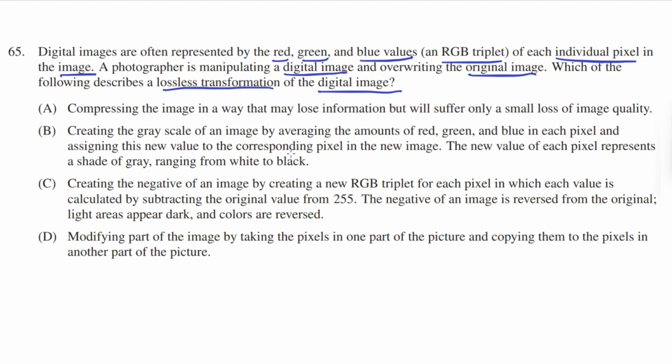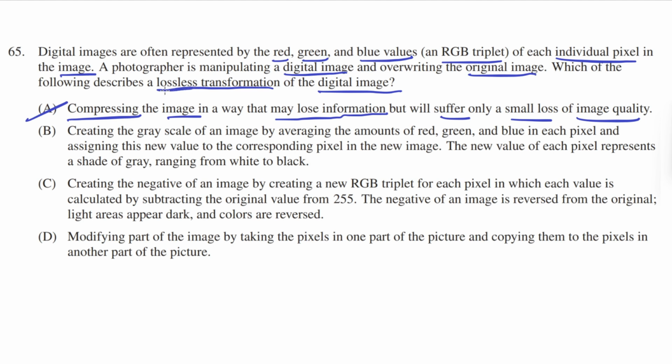So we need to find out which one of these answer choices gives an example of a lossless transformation. A says compressing the image in a way that may lose information, but will suffer only a small loss of image quality. So this cannot be a lossless transformation because any type of loss in information means that this transformation is not lossless.